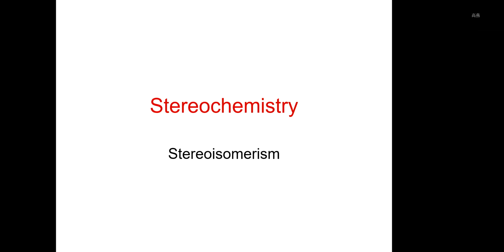So in order to better understand this problem, first we need to talk about some basics of organic chemistry, that is stereochemistry or stereoisomerism. As for isomerism, it is a major reason why there are thousands of different organic compounds, right?